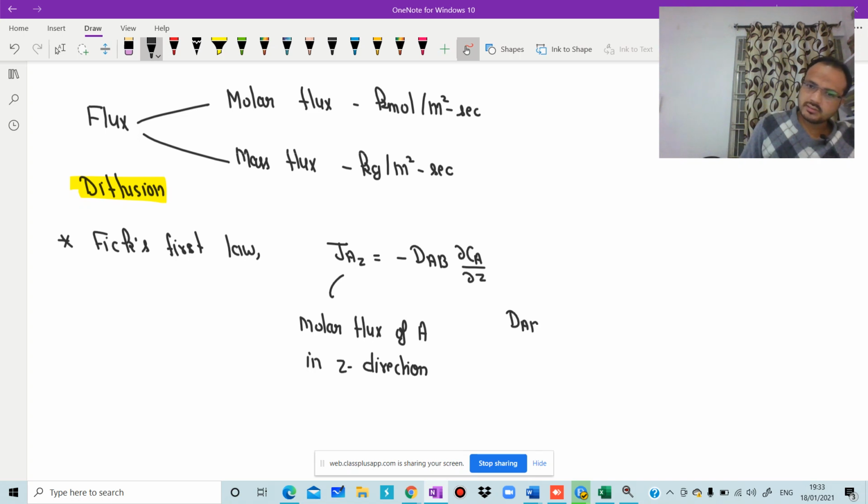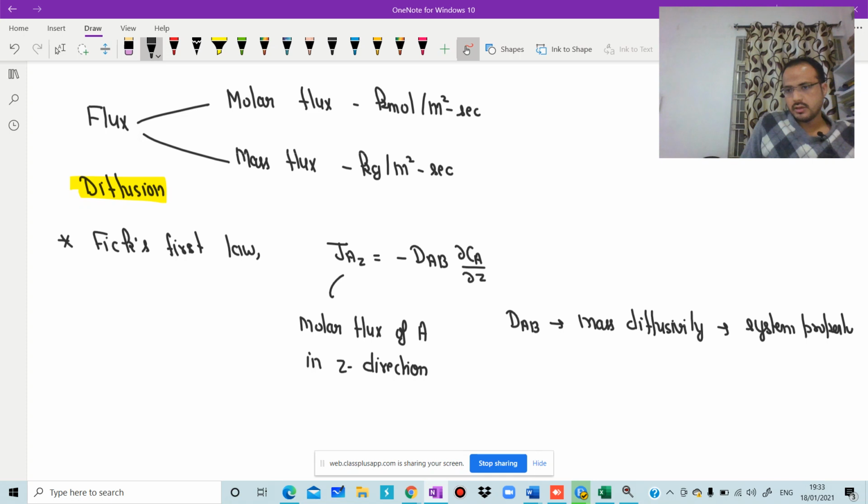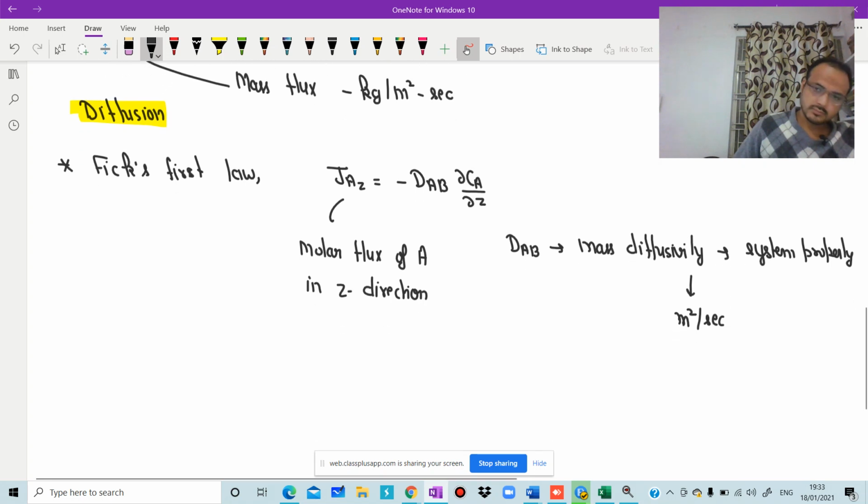DAB is the mass diffusivity. Mass diffusivity is a system property and its unit will be meter square per second. And del CA by del Z is the concentration gradient.